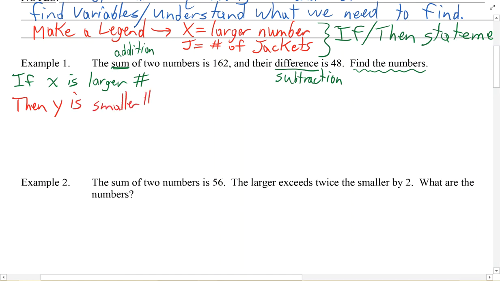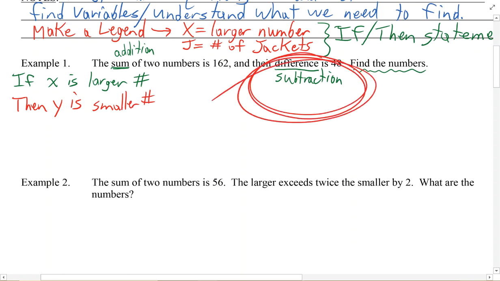For the difference, the subtraction, it's really important that you know which one's larger. Why? Well, what's the difference between 7 minus 5 and 5 minus 7? 7 minus 5 equals 2.